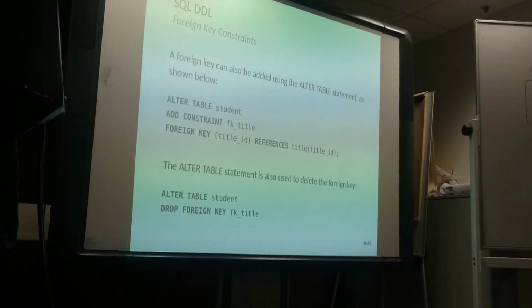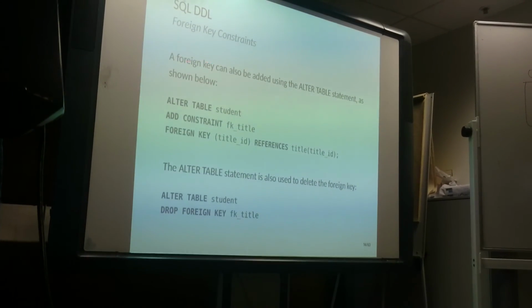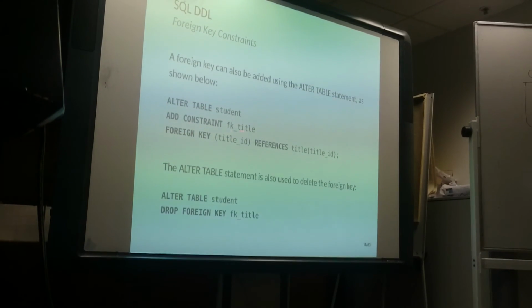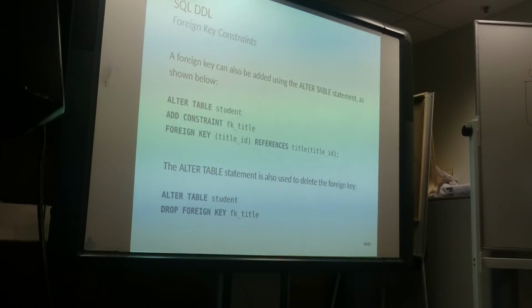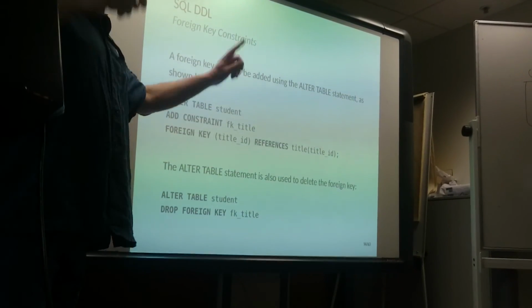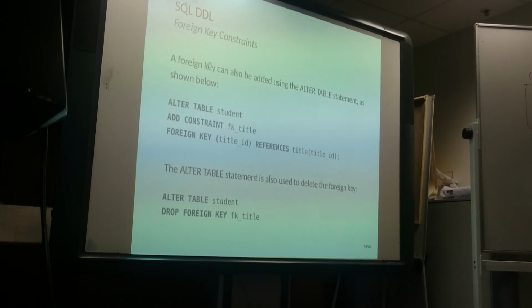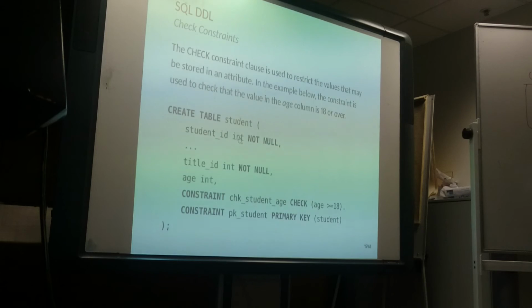Okay. As I said, it can be added with the alter table statement as well. So we're going alter table student, add constraint FK title. And then underneath foreign key with the name of the local attribute, sorry.